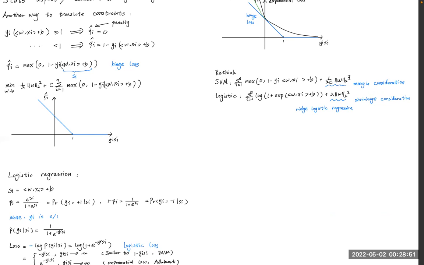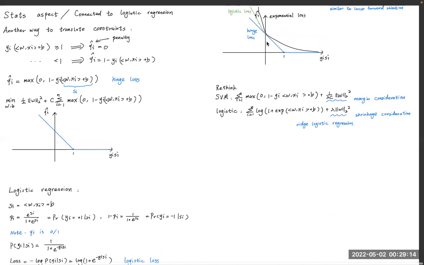So in this class, I always hope to show you the connections between different methods. And in particular, for classification, I always want to connect things to logistic regression. And today, as we show here, we can think of AdaBoost or SVM, the two powerful classification machines, as modifications of logistic regression.